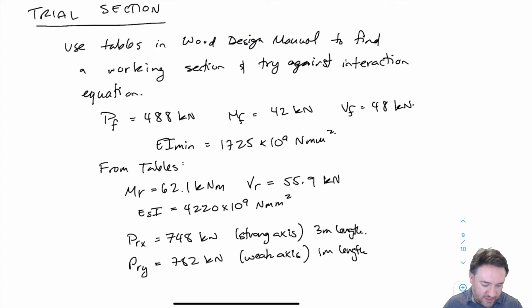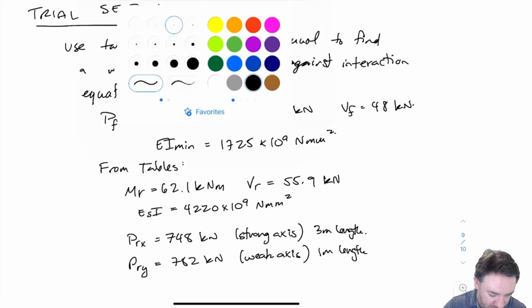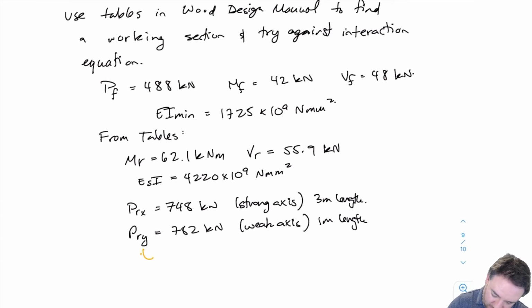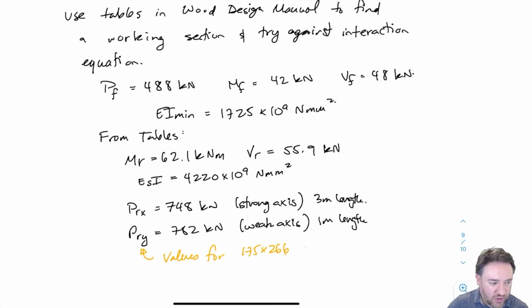Okay, and the strong axis has a 3 meter length and the weak axis has a 1 meter length. And these values are for the 175 by 266, which is all that was in the table. So, but these are conservative values.